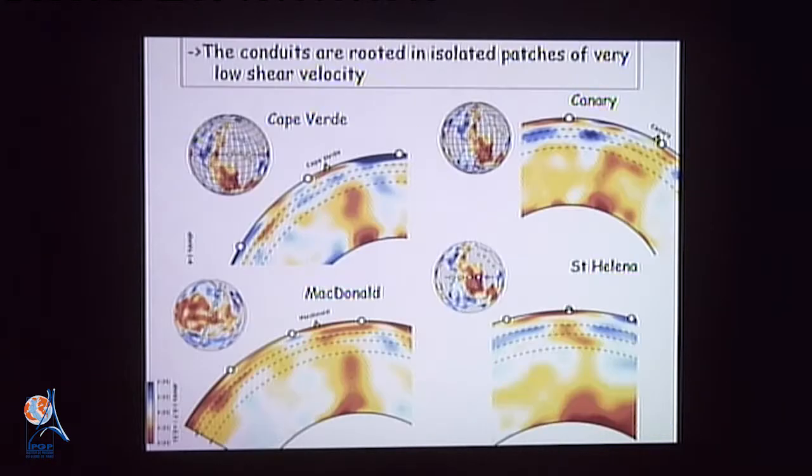So finally, going back to these plumes, there is another aspect of this, which is that they are rooted in very low shear velocities. You can see all of these have more pronounced low velocity regions right at their base near the core-mantle boundary. So for the last part of my talk, I'm going to shift and talk about ultra-low velocity zones.